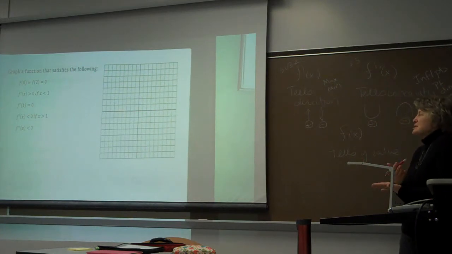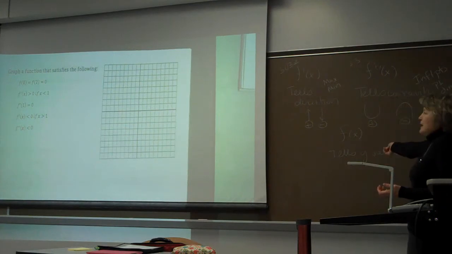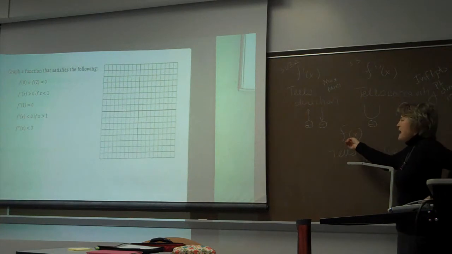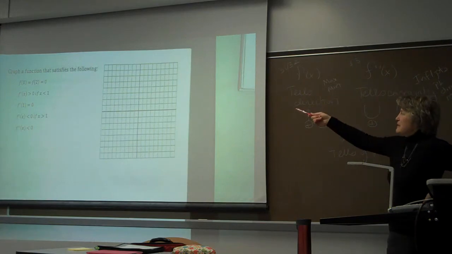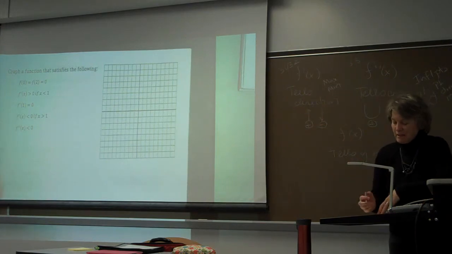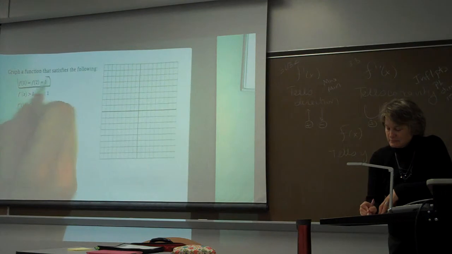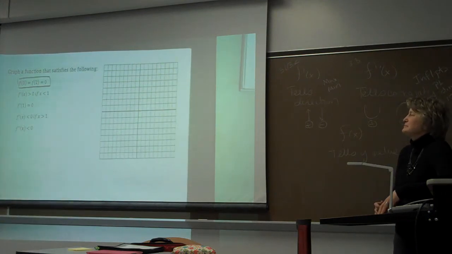But now you really should have a firm grasp of these 3 things, right? That if I tell you about f of a number, I'm telling you a y value. So what does that first line tell you? What should I do from that first line?